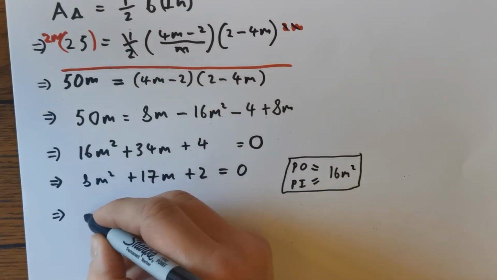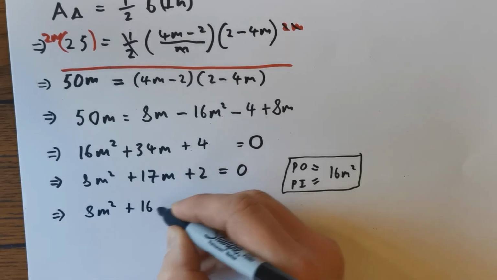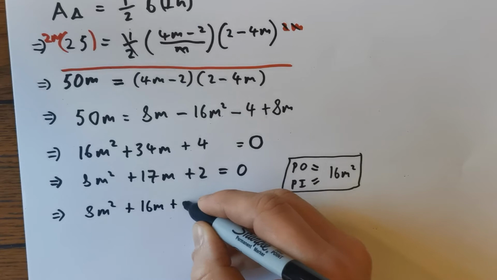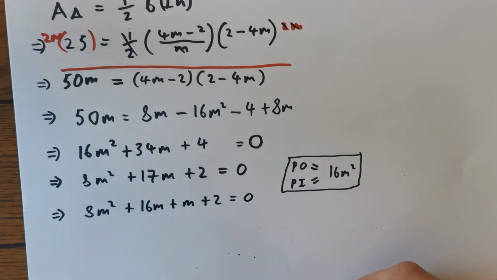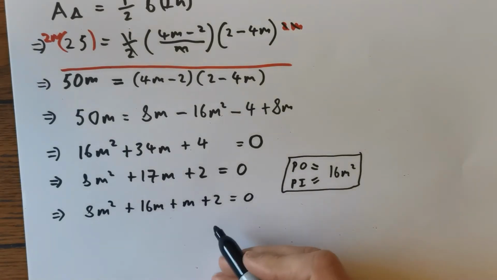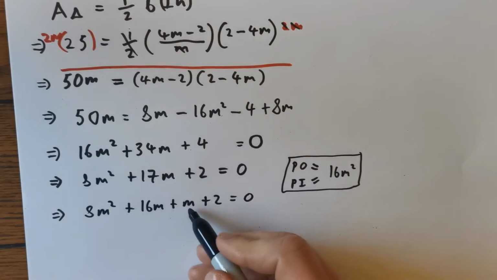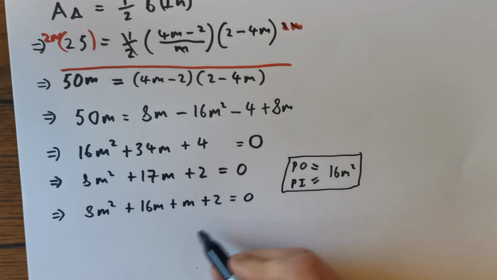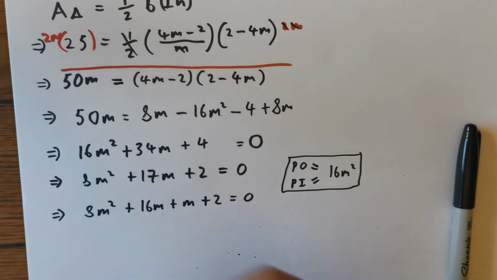And the only way that can happen is if we have 8m squared plus 16m plus 1m plus 2 equals 0. We've now got 4 terms where the product of the outer terms is equal to the product of the inner terms. 16m squared, product of the outers. 16m squared is the product of the inners. There are 4 terms. We can factor this using grouping.